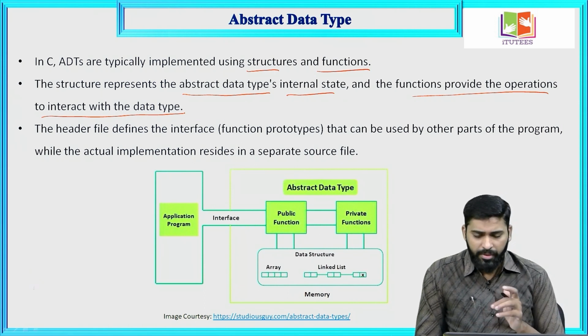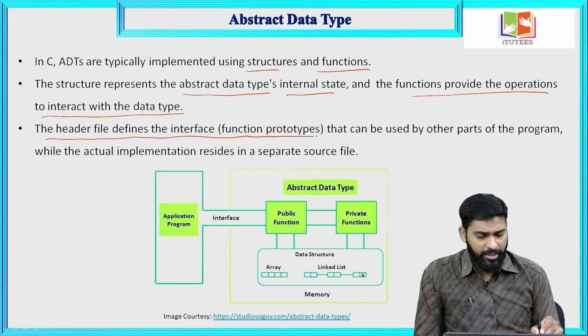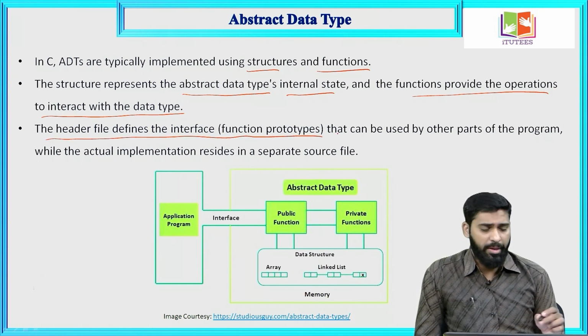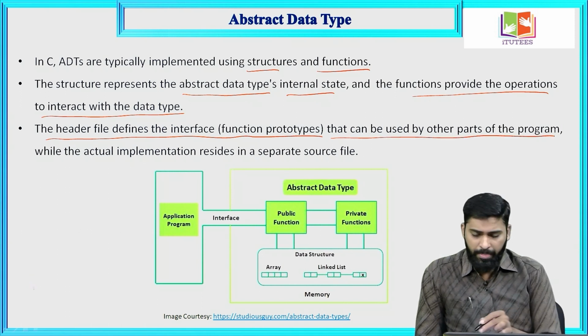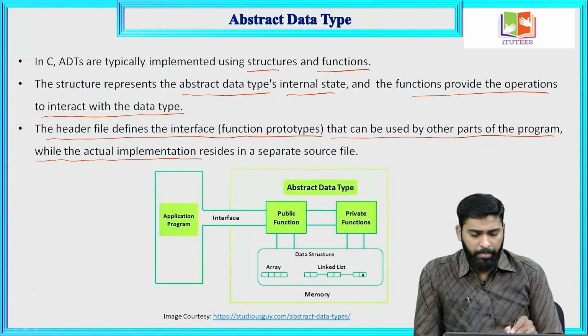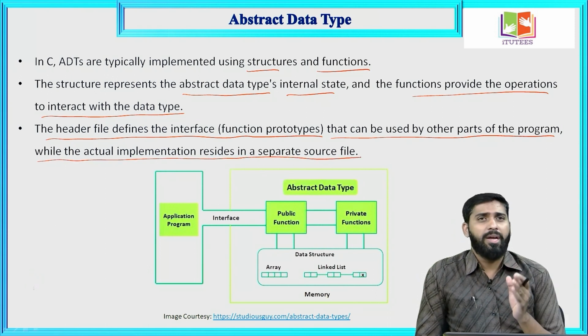Now, the header file defines the interface, that is, the function prototypes that can be used by other parts of the program, while the actual implementation resides in a separate source file. The abstract data type means the data type and functions.